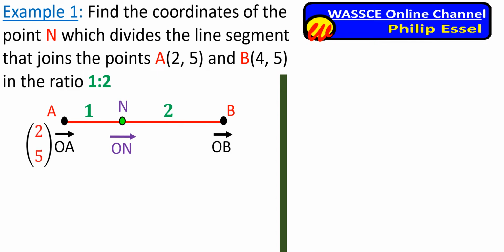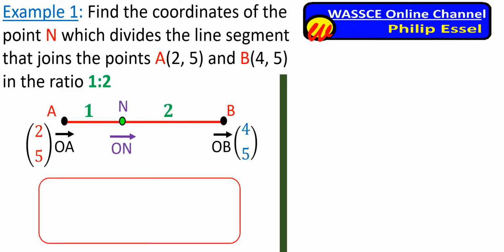And if the point B is (4, 5), its position vector will be (4, 5). Now let's look for the position vector ON of the point N, which divides the line segment AB into the ratio 1:2.